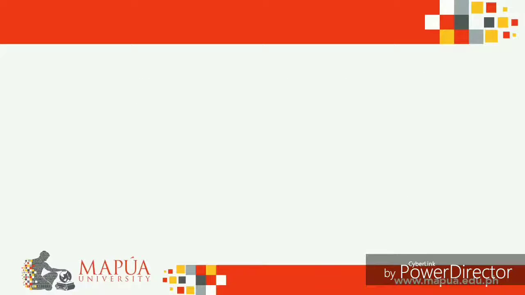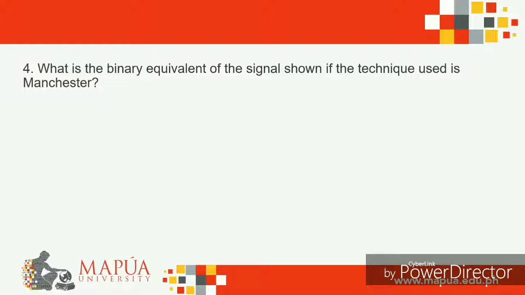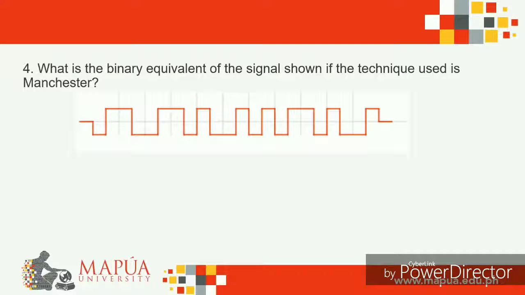Example number 4. What is the binary equivalent of the signal shown if the technique used is Manchester? Unlike the previous examples, here we have an output signal that must be converted to its binary equivalent. We can see that this signal is derived from the Manchester technique.